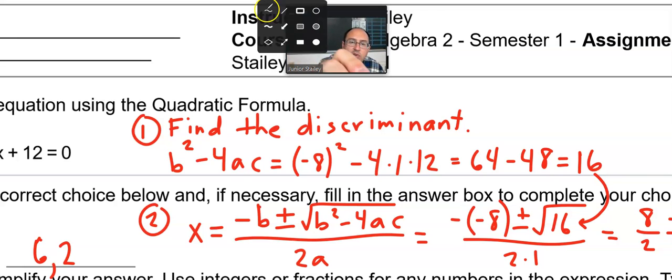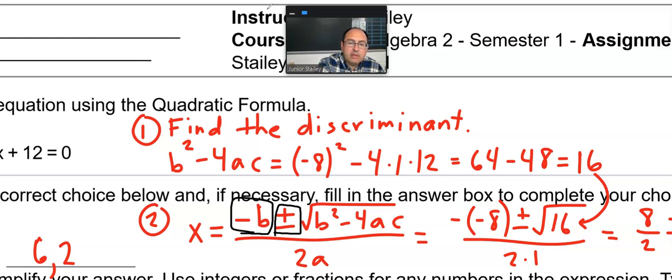Now the rest of the quadratic formula. First part, opposite of b, plus or minus the square root of the discriminant, which you just drop in from the first part. You don't have to recalculate it. You already know what it is.